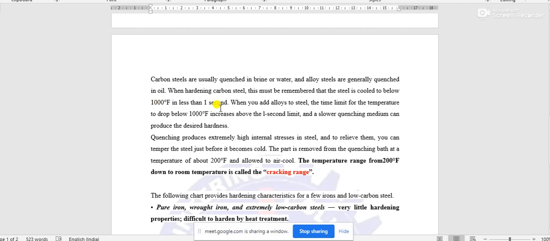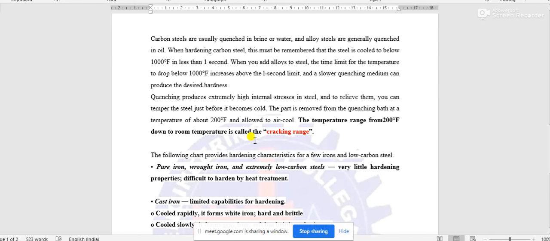This time limit of 1 second may be slightly greater when alloy steel is hardened. The rapid cooling may take greater than 1 second for alloy steel, but in less than 1 second for carbon steel.